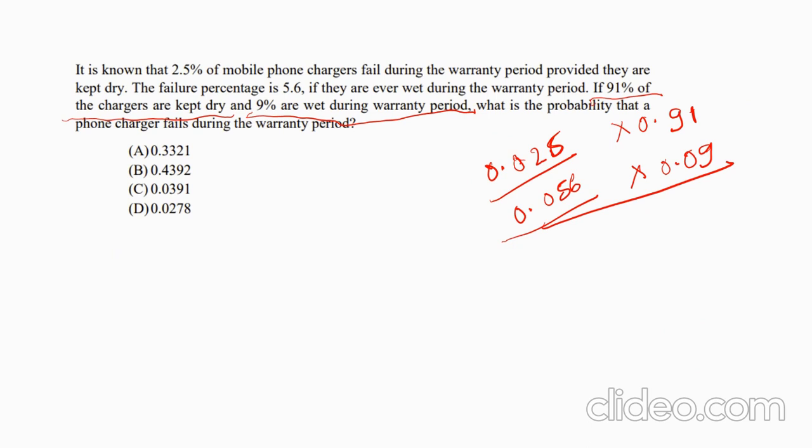So we are putting the chargers wet during the warranty period and the charger failed, and we are keeping it dry and the charger failed. So it fails in these two conditions only, so its summation will be the answer. So you can just solve it. I think after solving this was the answer, I'm not sure, but this was the answer. Is it clear?